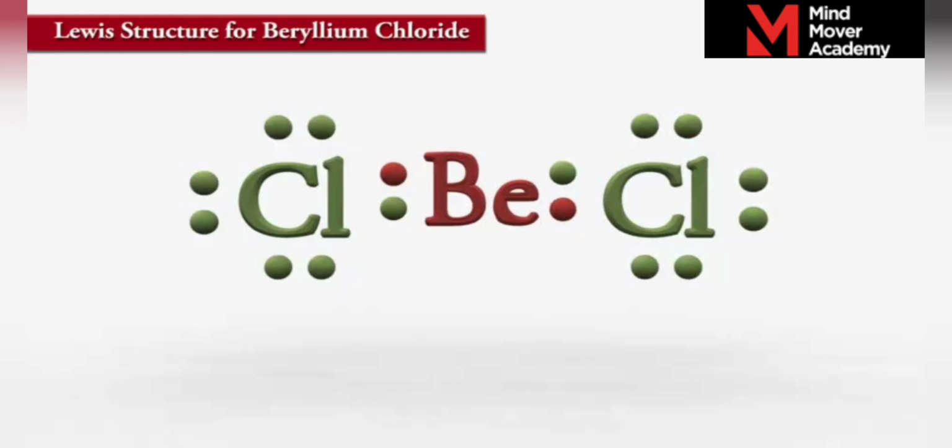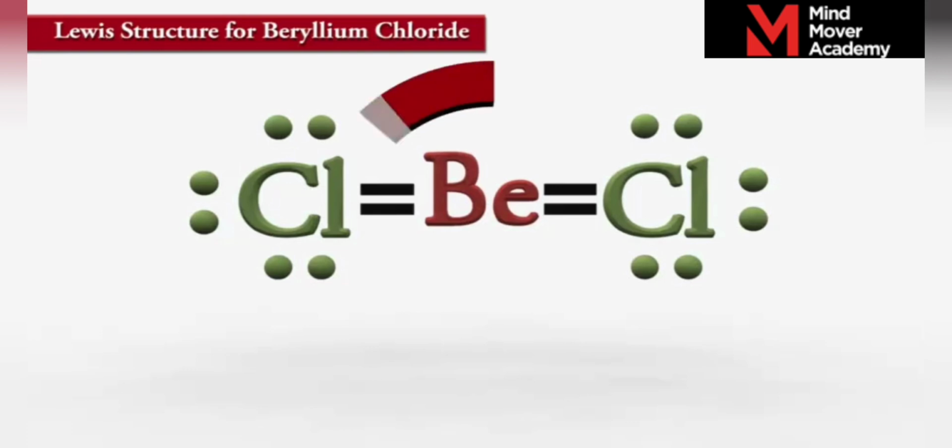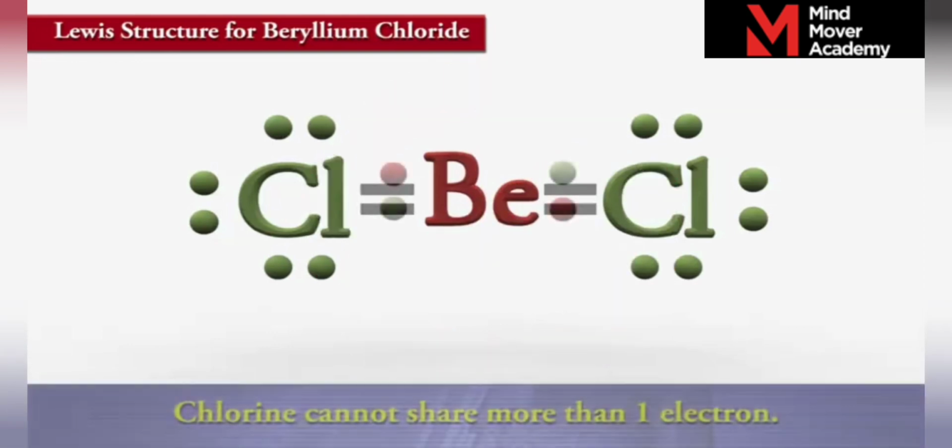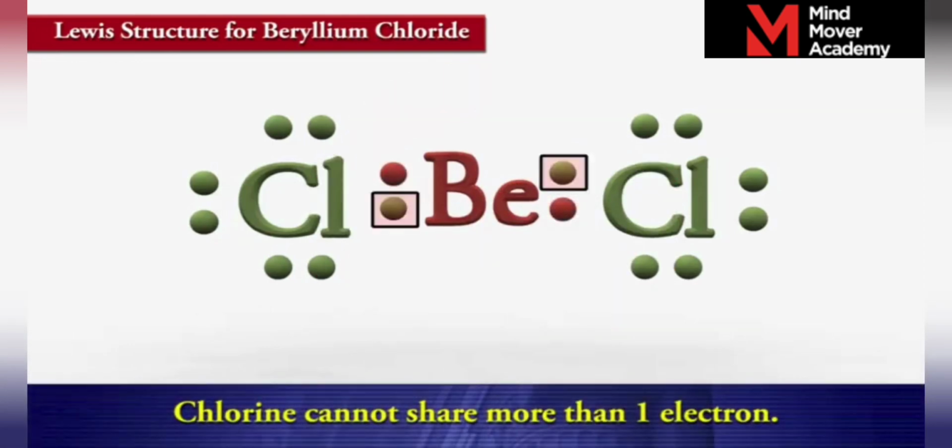Now, you should note here that beryllium has 2 plus 2, that is 4 electrons. Hence, you may want to make it a double bond between the atoms, but that is not possible, as chlorine cannot share more than 1 electron.